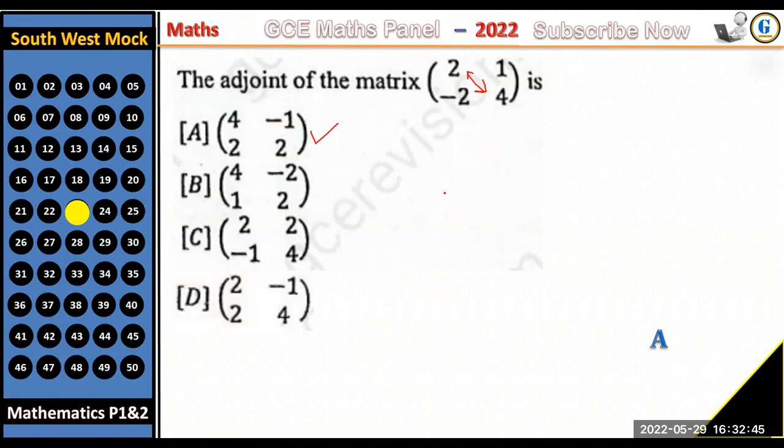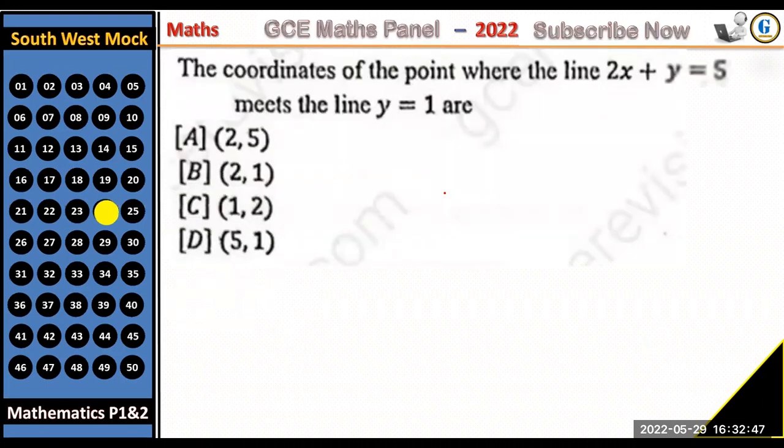Question 24 reads, the coordinates of the point where the line 2x plus y equals 5 meets the line y equals 1 are. So they just want us to substitute y equals 1 into this equation and find x.